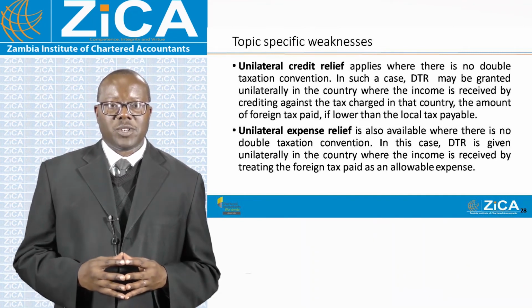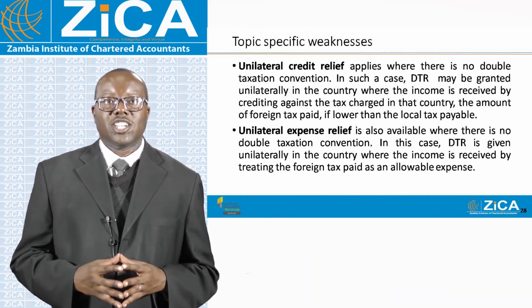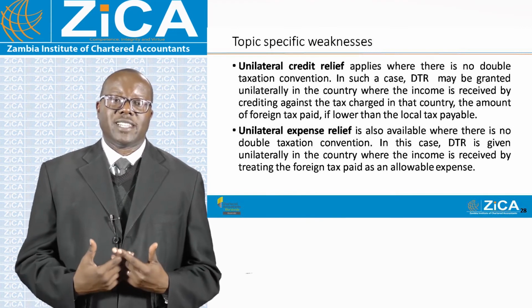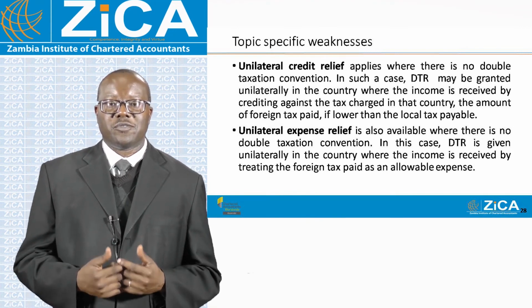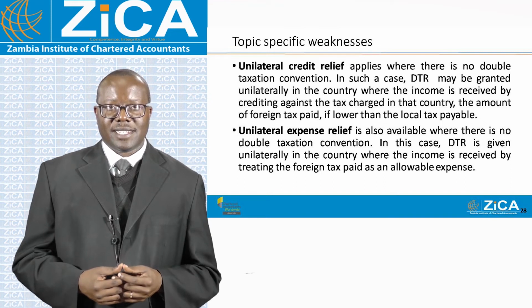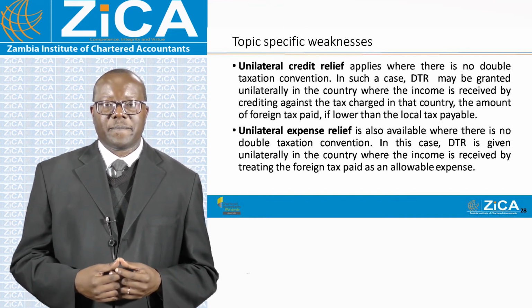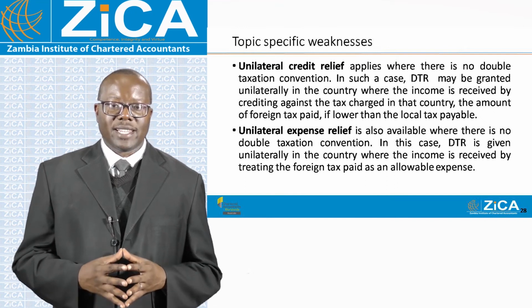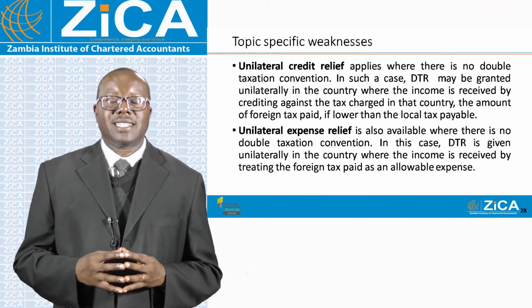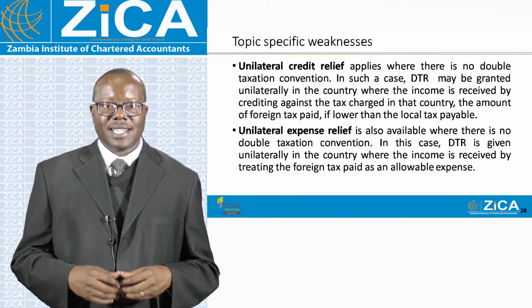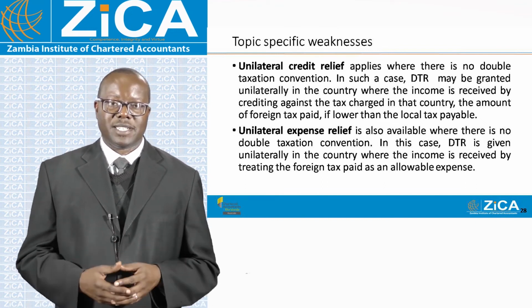And lastly, unilateral expense relief is also available where there is no double taxation convention. In this case, double taxation relief is given unilaterally in the country where the income is received by treating the foreign tax paid as an allowable expense.